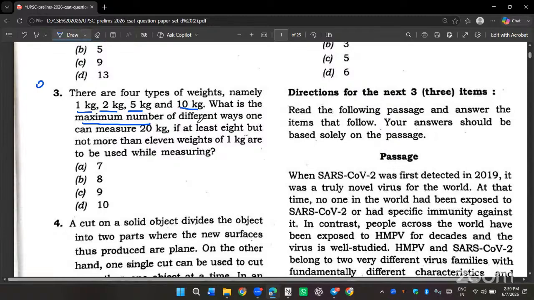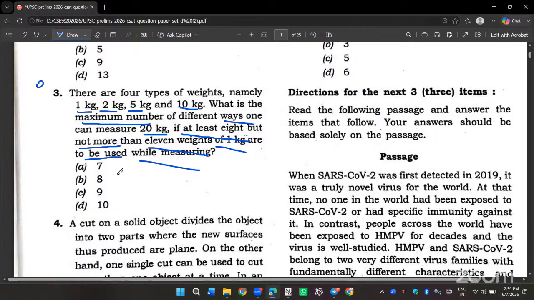So the first keyword is ways. Then: if at least 8 but not more than 11 weights of 1 kg are to be used while measuring.